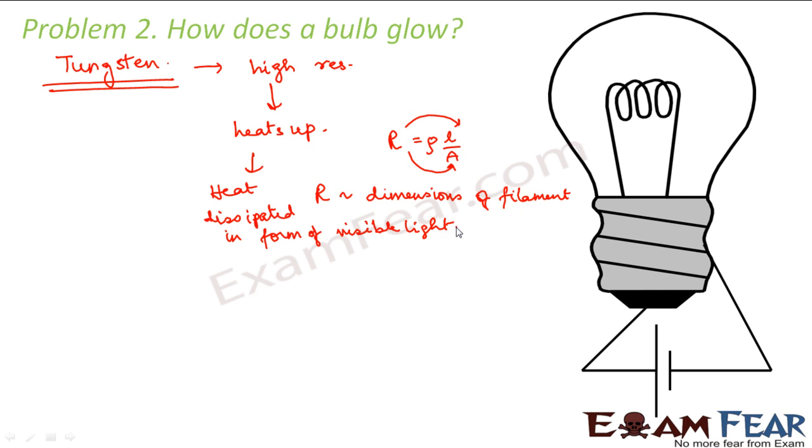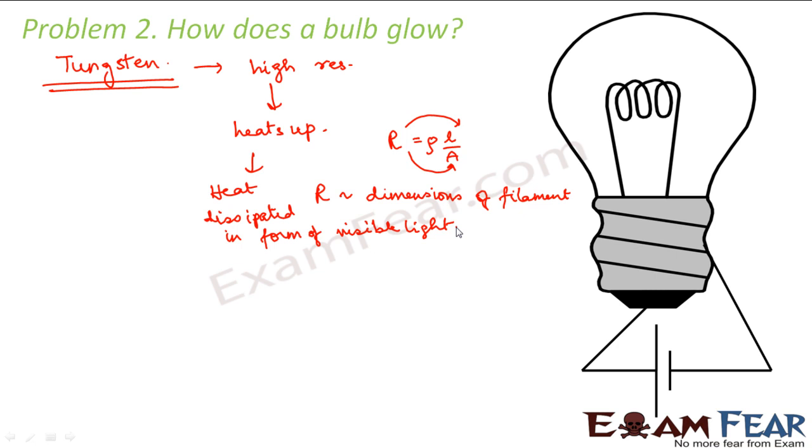Basically, the bulb does not wait for all the electrons to drift from one end to the other in order to glow. As soon as you switch on the switch, an electric field is set up instantly throughout the circuit. Electrons are present everywhere inside the circuit, so the electrons everywhere start to drift. At every portion of the circuit, there are electrons which start drifting. As a result, current is set up instantly.